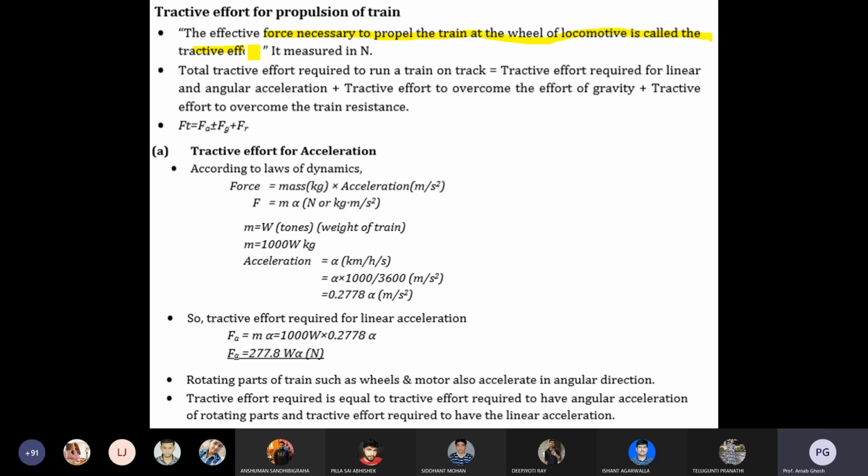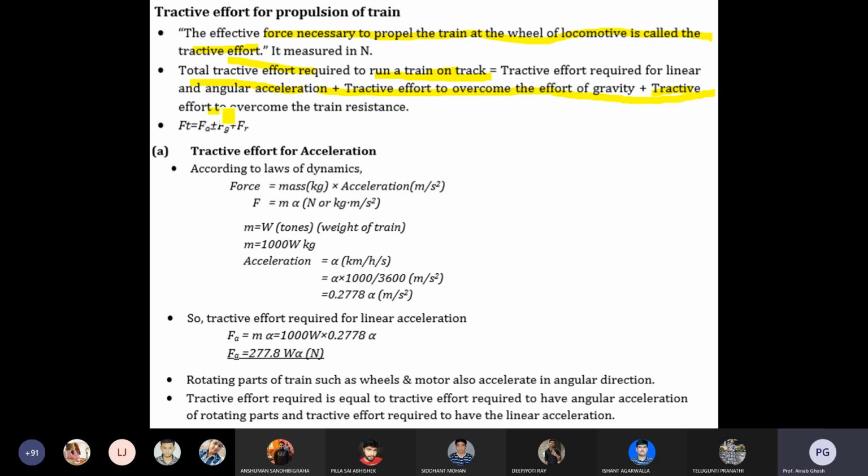Then the total tractive effort required to run a train on the track is the tractive effort required for linear and angular acceleration, plus the tractive effort to overcome the effect of gravity.